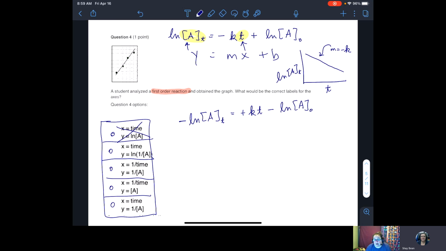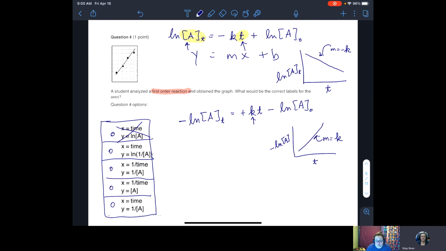So I multiplied through everything by -1. Now I do have a positively sloping line, but only if I plot the negative log of the concentration versus time. Then I'll get my positively sloping line where the slope is equal to k. The y-intercept is the negative of the log of the initial concentration, etc. But it requires that negative sign, and this is not one of my options.